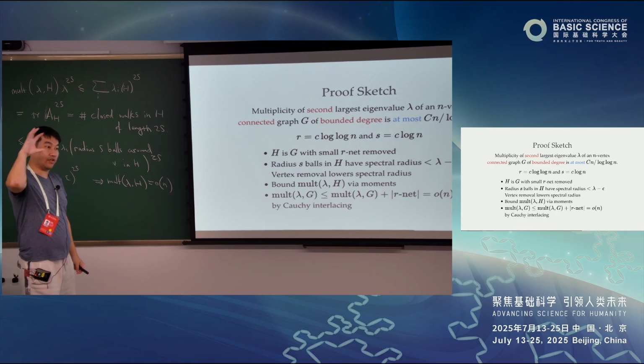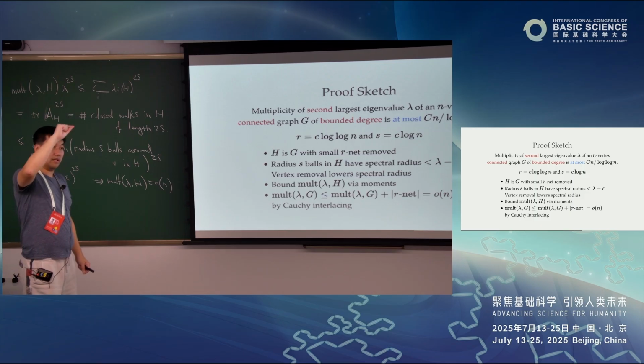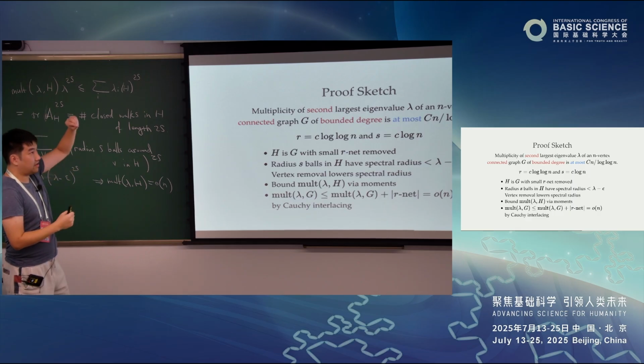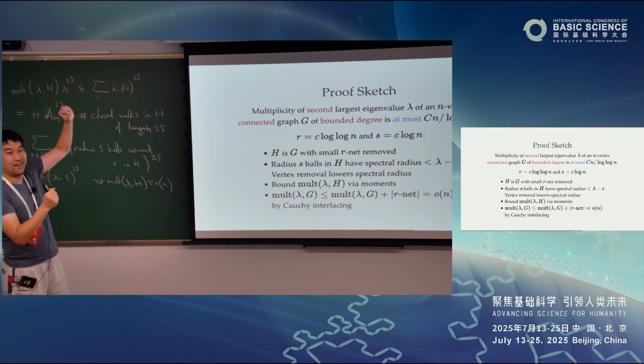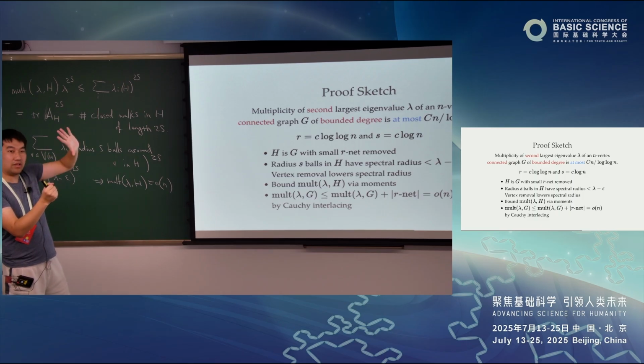But now, since you cast the net and remove them, one of the original walks that was there in G is no longer available, because there is a guard within distance s from your starting vertex v, and you can no longer walk there, wander around and come back. That closed walk no longer exists.